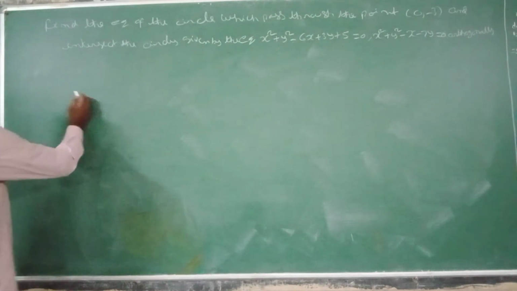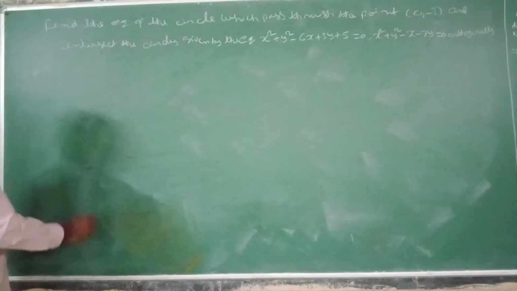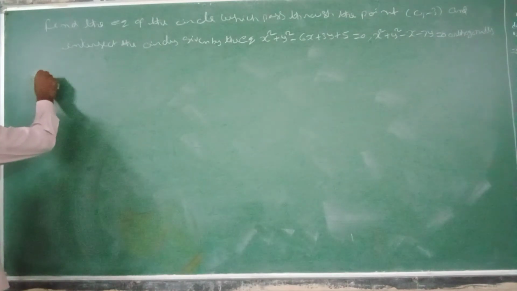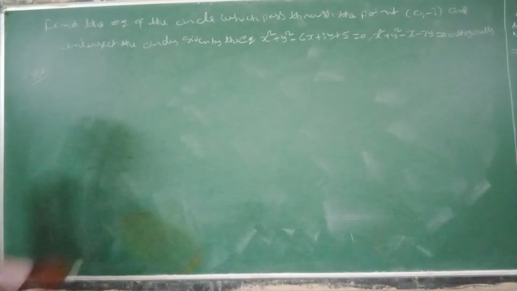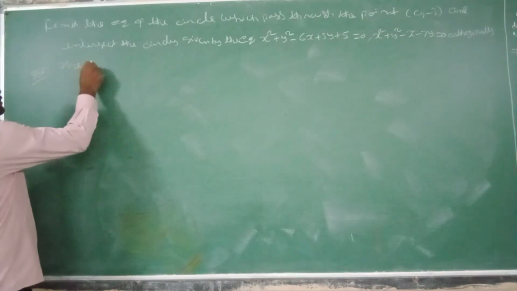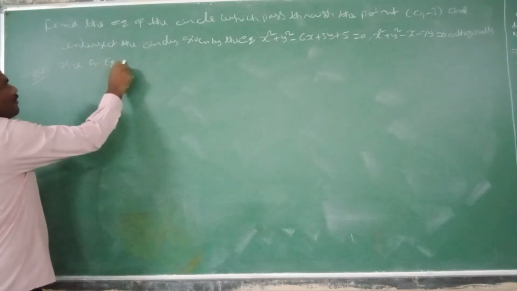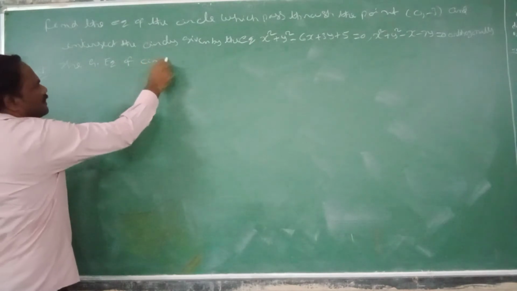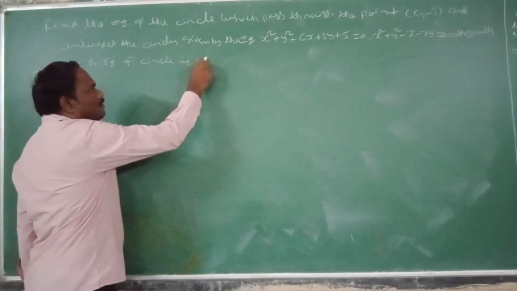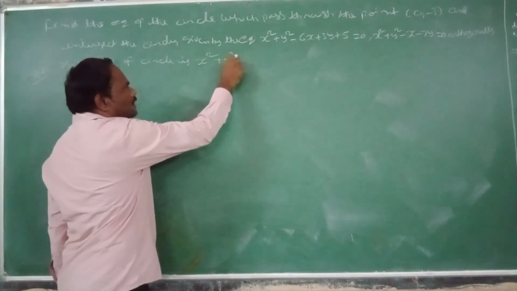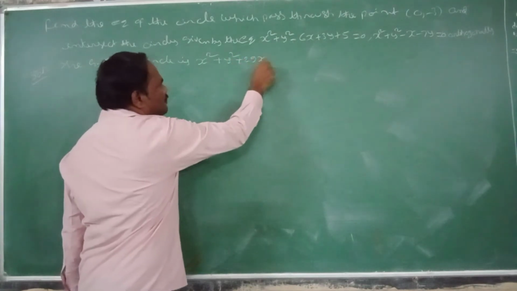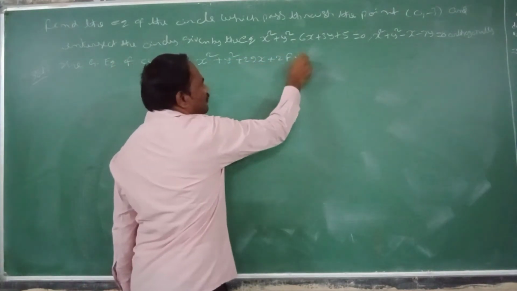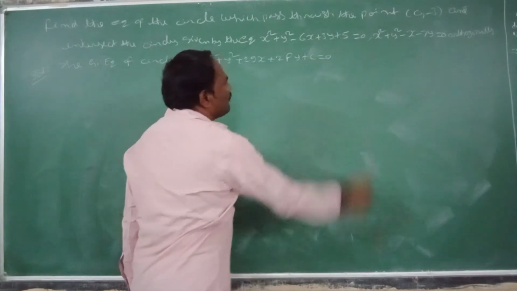So first of all, we take the general equation of the circle. The general equation of the circle is x square plus y square plus 2gx plus 2fy plus c is equal to 0.